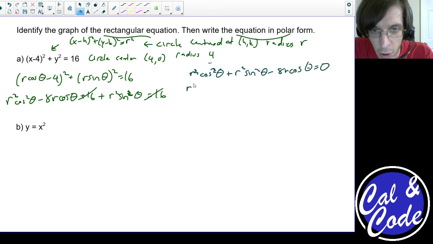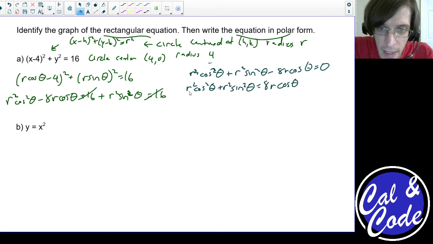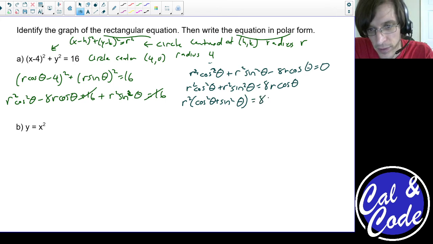If I add the 8r cosine theta to the other side, then I should be able to factor out an r squared on the left, which leaves me with cosine squared theta plus sine squared theta. Remember our unit on trig? Sine squared plus cosine squared is a special friend of ours, and we can do something with it. So I end up with this.